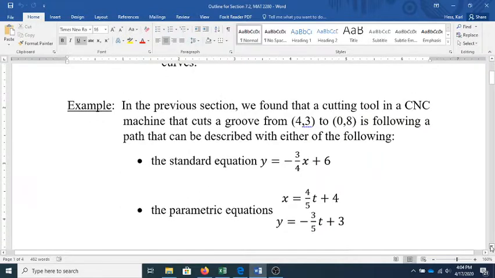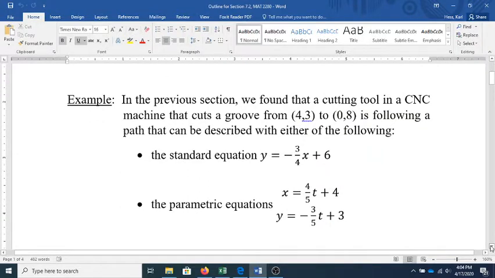Alright, so we're going to begin by building off of an example we did in the last section where we had a cutting tool in a CNC machine that was cutting a groove from a position that we had marked as (4, 3) to a position marked as (0, 8).